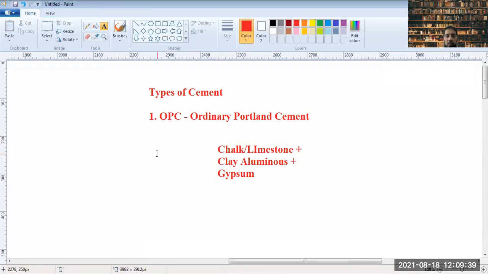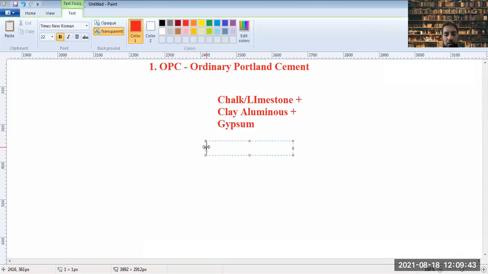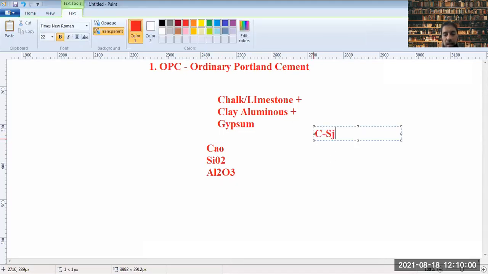Its composition, which I have already discussed, includes calcium oxides and silica oxides. I've already discussed the aluminum oxides and the rest of the other compounds present in the four Bogue's compounds.